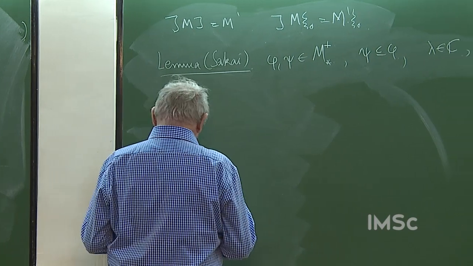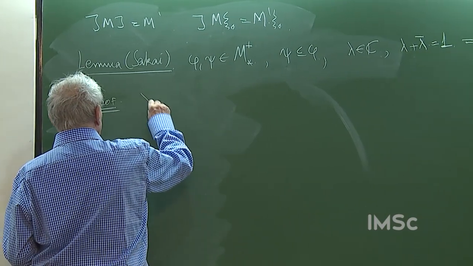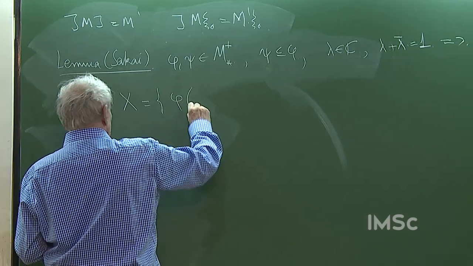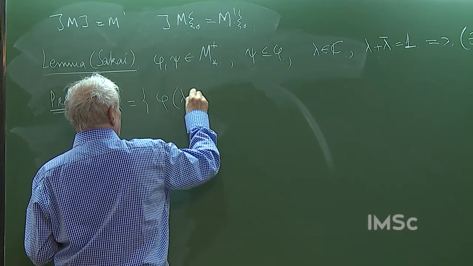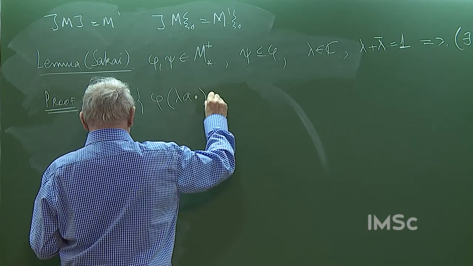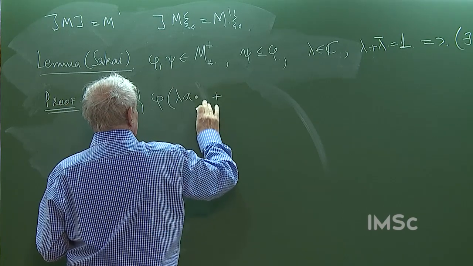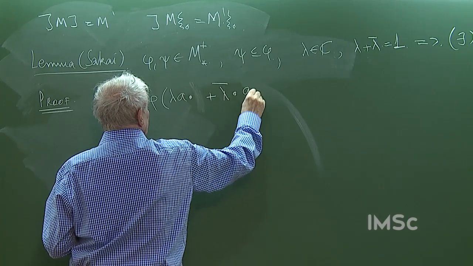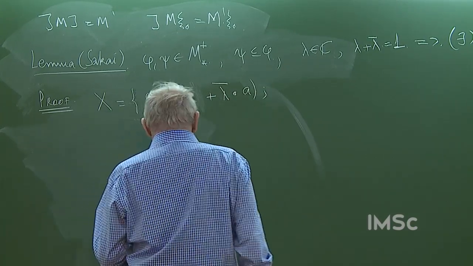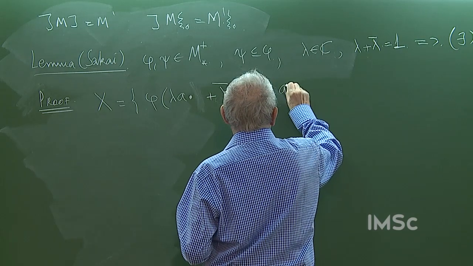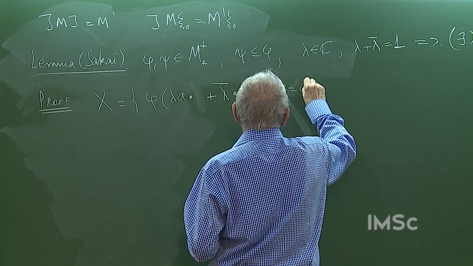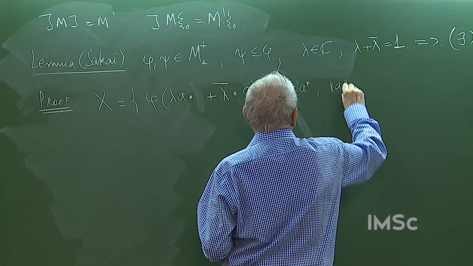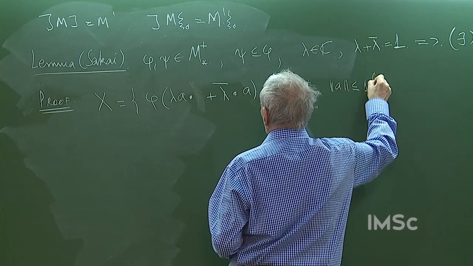Namely, we consider the set X, equal to all the functionals of the form phi of lambda A plus lambda bar A, where A is a self-adjoint operator and the norm of A is less than or equal to 1.